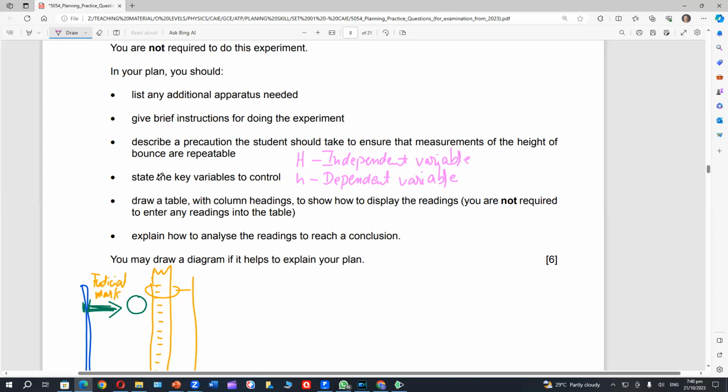So I have mentioned the examiner and the variables also.